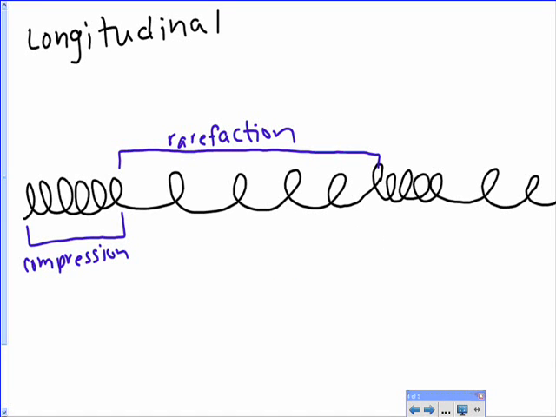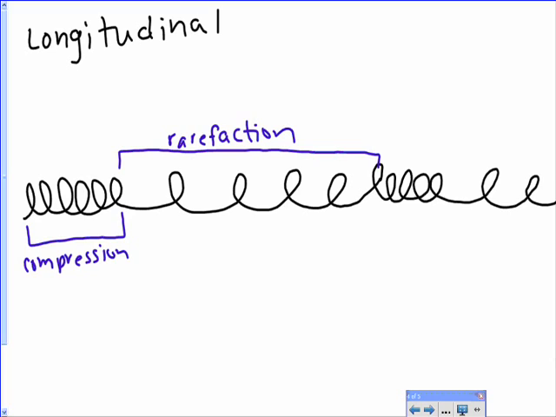Here's a longitudinal wave. Now, a longitudinal wave also moves from the left of your screen to the right of your screen when it's in motion. And as you can see, the particles are actually, and we can show this in class so that you have a visual, the particles move left to right also. So they're moving parallel with the longitudinal wave motion.